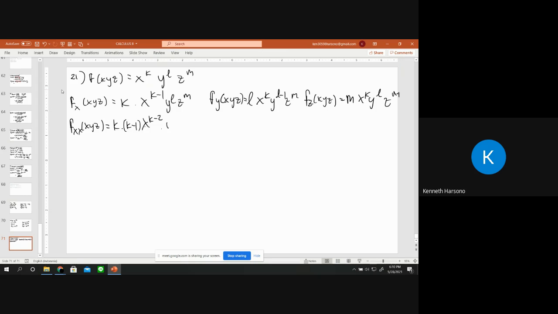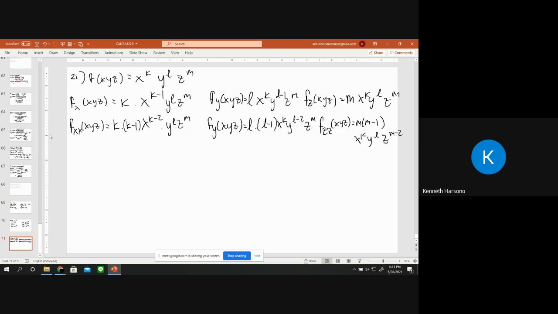And times y^l z^m, and the same with the rest. f_yy is l times (l minus 1) x^k y^(l-2) z^m, and f_zz is m times (m minus 1) x^k y^l z^(m-2).